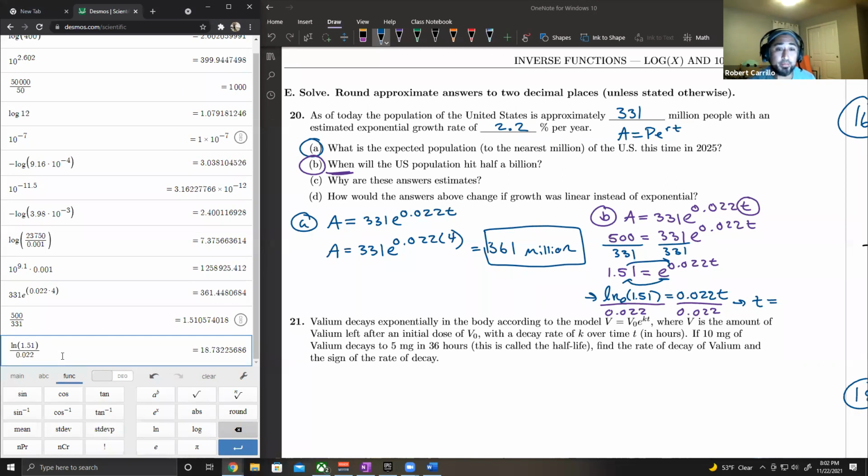So we are expecting to hit 500 million in population in 18.7 years. Okay. 500 million in almost 19 years. My goodness. Okay. Everybody good so far?